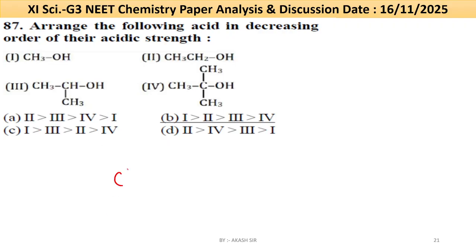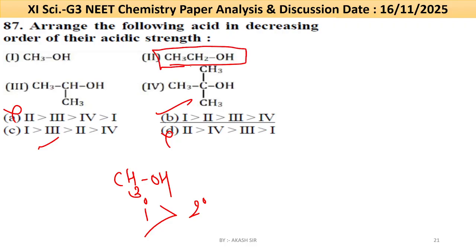You know very well that the primary alcohol here is methyl alcohol. So in the options, it is not A or D, it may be B or C. Now the order of acidic strength is primary more than secondary. So where is the secondary alcohol? Here in option number 2. This is not your secondary alcohol.